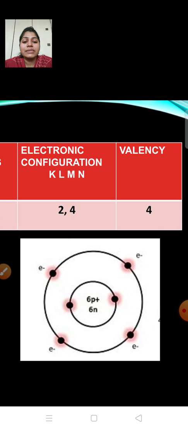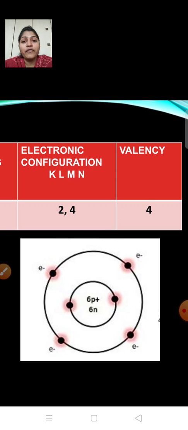You can see this octet is not complete. To complete the octet, carbon needs 4 more electrons, right? It cannot lose 4 electrons. It cannot accept 4 electrons. So in such a case, carbon will share 4 electrons.